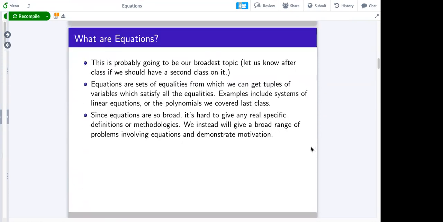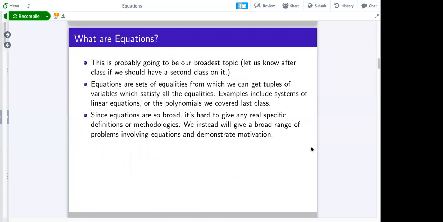Yeah, so I guess we'll get started with today's lesson, which is on equations. This is obviously a very broad topic, which is why we'll probably be having a second class on it. Basically, we have a set of equalities that all have to hold, and given this set of equalities, we have to determine something about the variables.